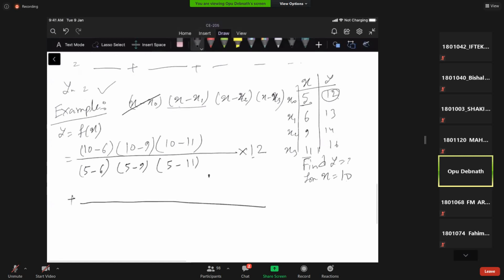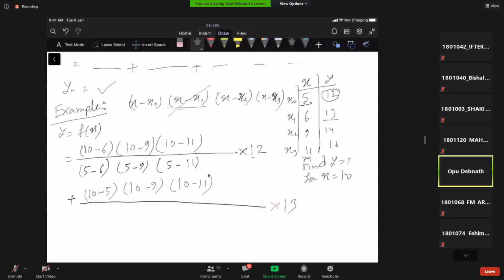Okay, again the second term. So for this case x1, that means this one is removed. Corresponding this is 13, so multiplied by 13, x is equal to 10. That means 10 minus 5, 10 minus 9, 10 minus 11 divided by, as this one is not applicable, you will have three terms.